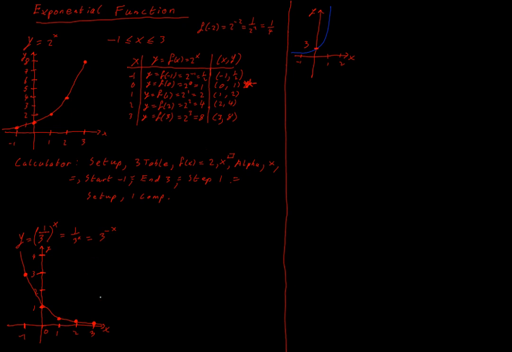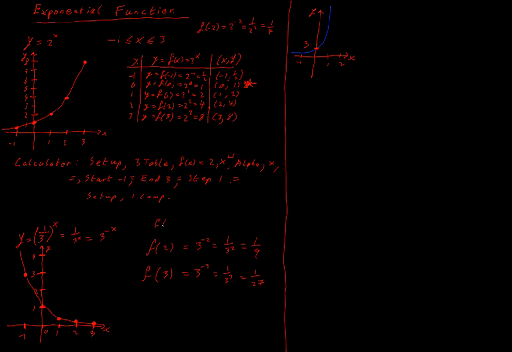When x is 2, if I had f of 2, I would end up with 3 to the power of -2, which is 1 all over 3 squared, which is 1/9. So I would end up getting even smaller. And if I had f of 3, I'd have 3 to the -3, which would be 1 all over 3 cubed, which would be 27.